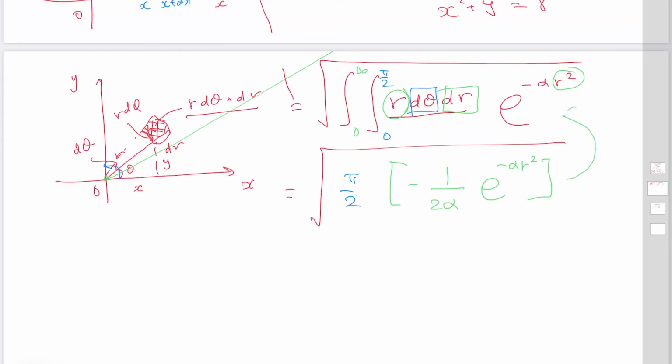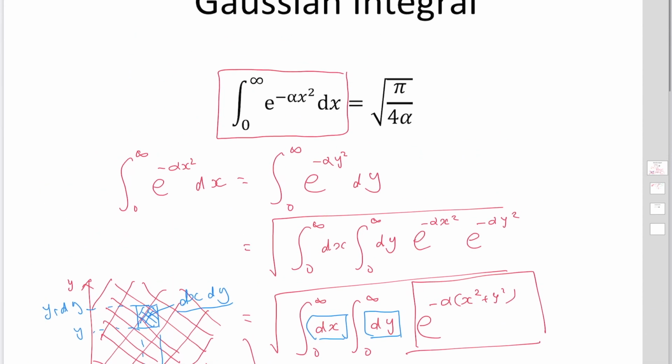It becomes exponential minus alpha r squared times r, so you can confirm. The limits are from 0 to infinity. Then the answer becomes square root pi over 4 alpha. So we could confirm this equation, and I have proved this formula for the Gaussian integrals.